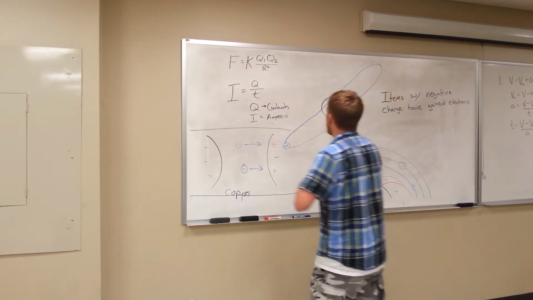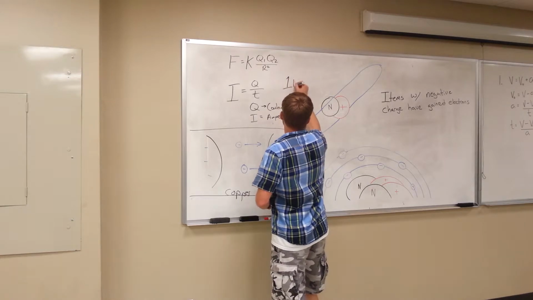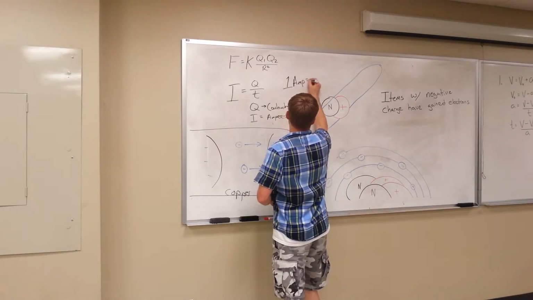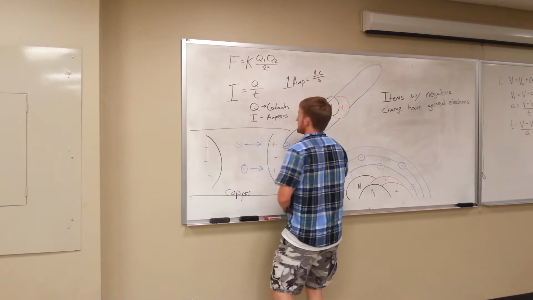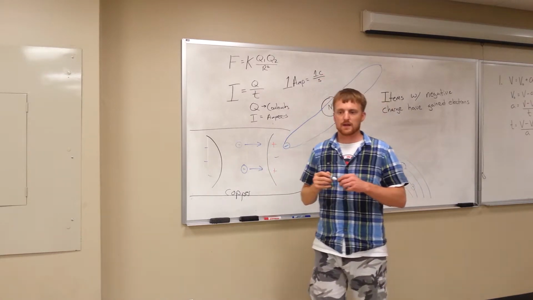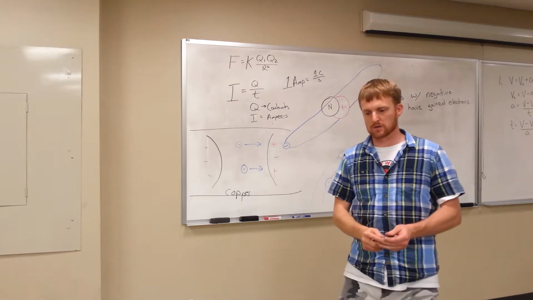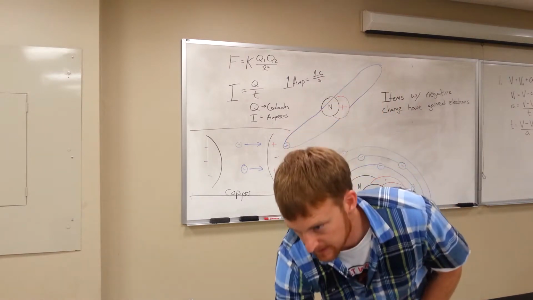1 amp is equal to 1 coulomb per second. All right?